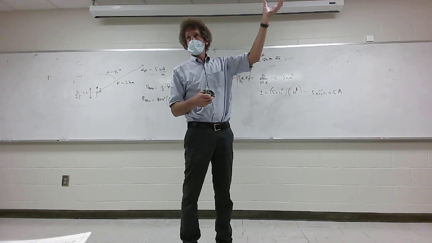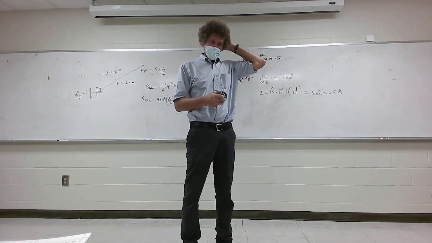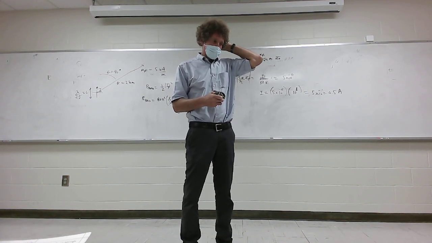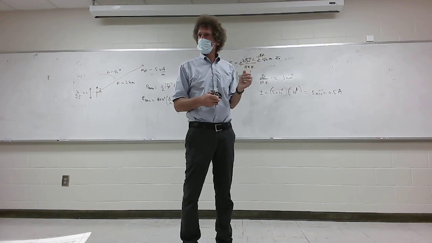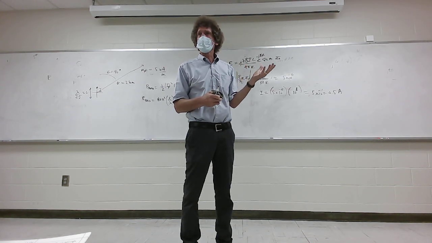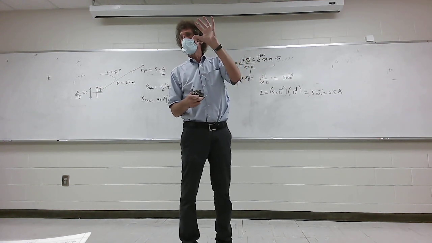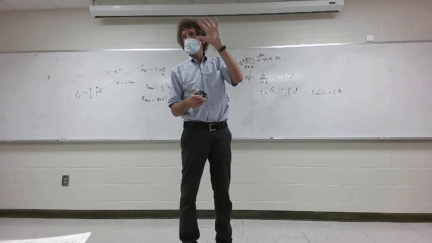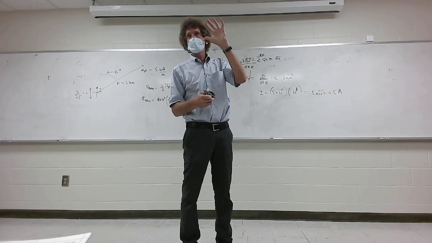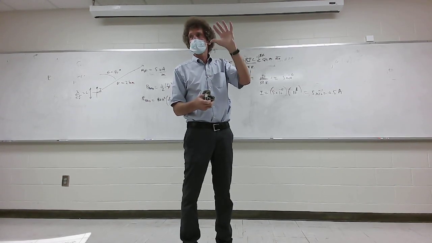Do you know what corona is? I'm trying to think, is there a good example of corona? I always think of Van de Graaff generators, but that's not corona, that's arc breakdown. It's just like a glow discharge around a charged body. The aurora borealis is a glow discharge, but it's not corona.